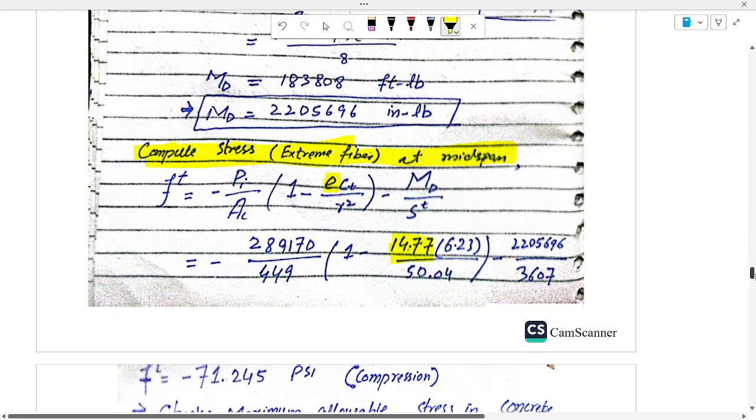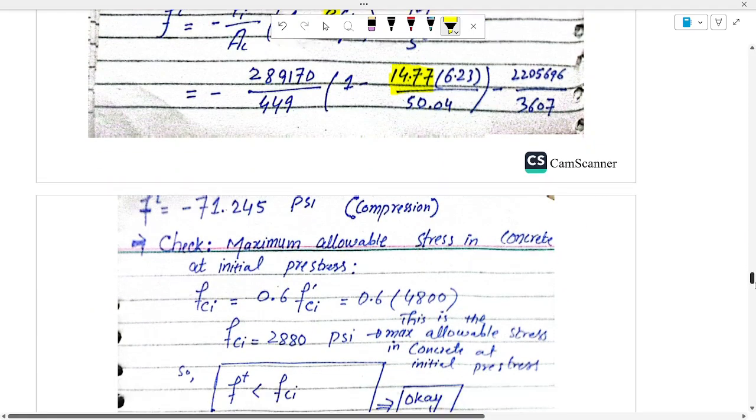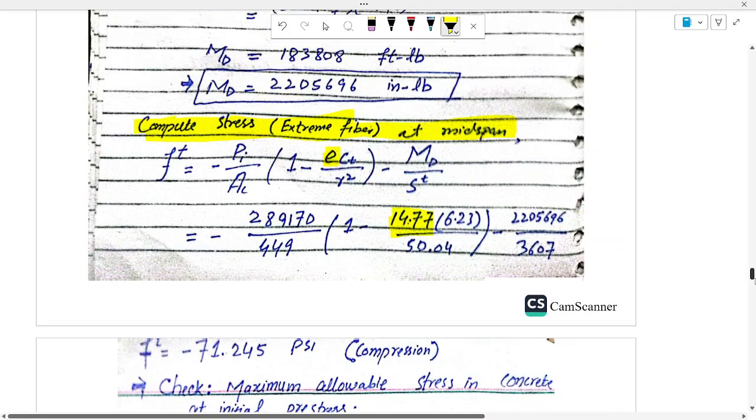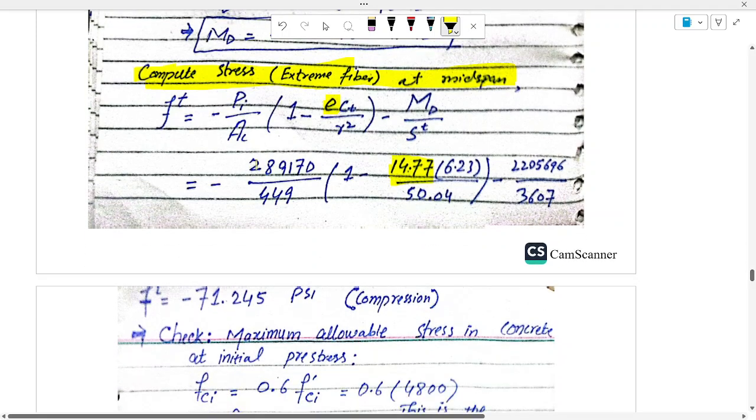Similarly, when we calculated this FT, this is the top extreme fiber stress. This negative sign shows that these are compression stresses, as our top is in compression.